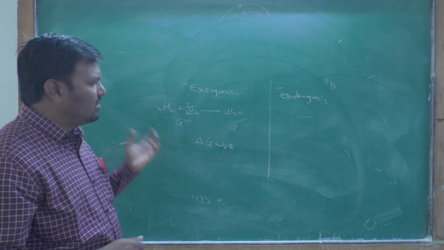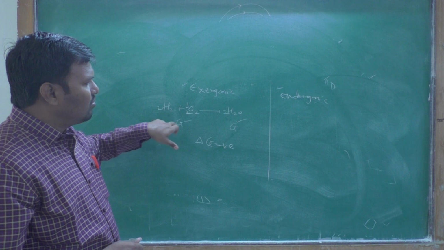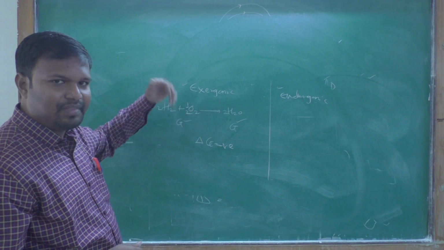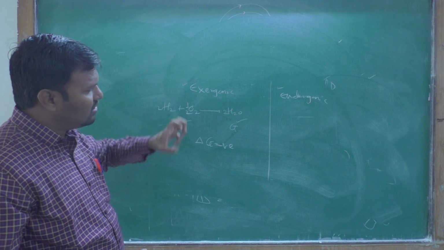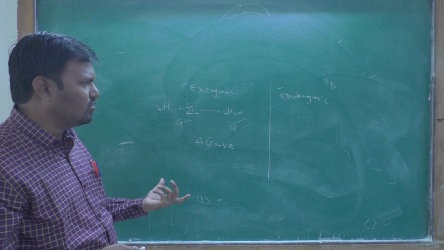Remember that. The product G value is less than the reactant because some free energy is lost. That is the exergonic process.